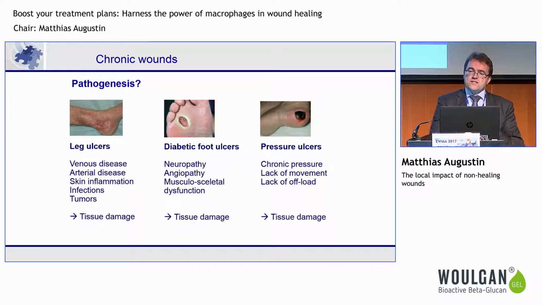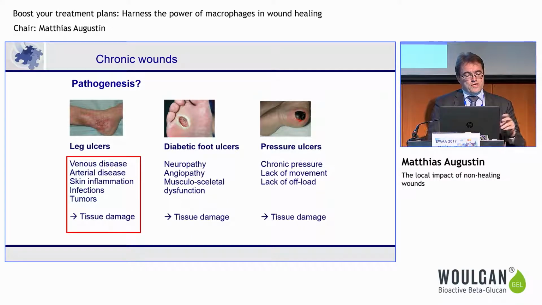Regarding the pathogenesis and then further look into the physiology of the wounds, you know that the final result, tissue damage, can derive from many different conditions, both vascular conditions, inflammatory conditions, those being of physical origin like chronic pressure. We need to look after this before we really start intervening.